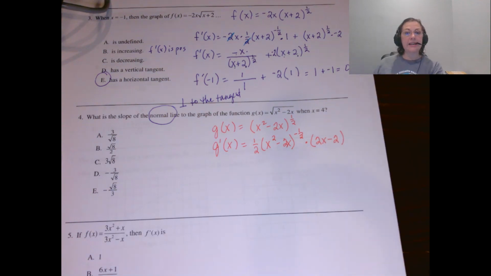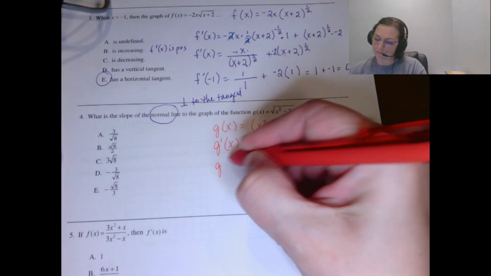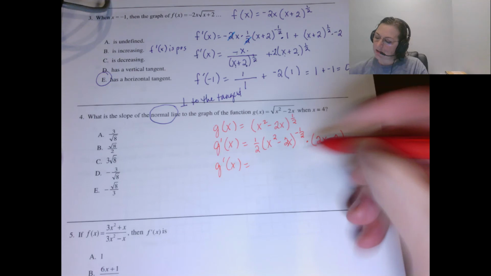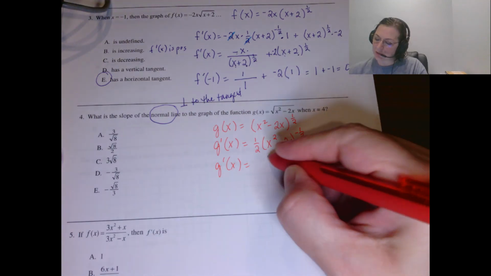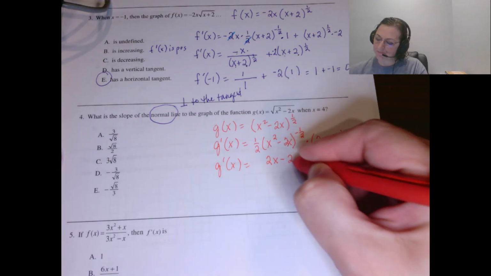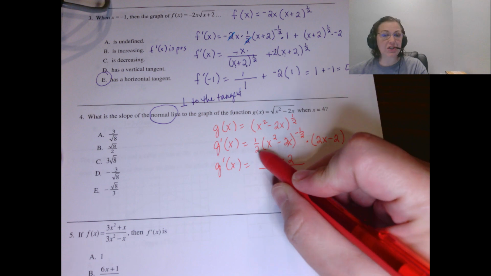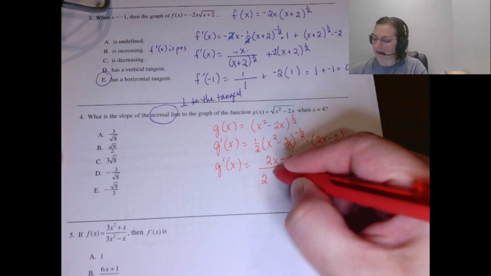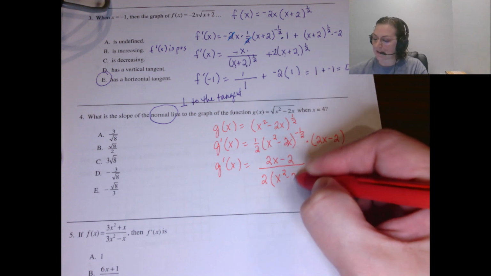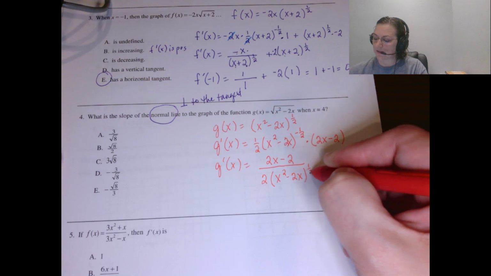Now clean it up by looking at what goes to the top and what goes to the bottom. It looks like only the 2x minus 2 is going to the top. We've got the 2 from the 1/2 coming to the denominator, and I've got the x squared minus 2x to the 1/2 coming to the denominator.